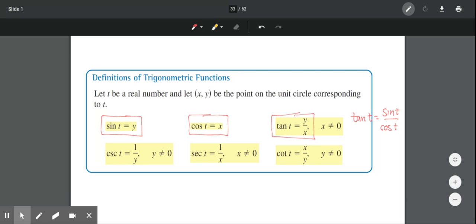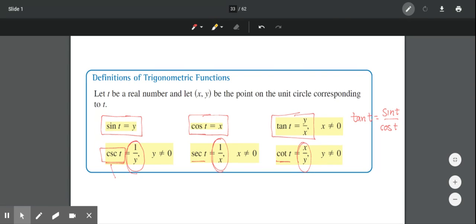Okay. Cosecant is the reciprocal of sine. So if sine is y, cosecant is 1 over y. Secant is the reciprocal of cosine. So secant would be 1 over x. And cotangent is the reciprocal of tangent. So instead of y over x, you would have x over y.